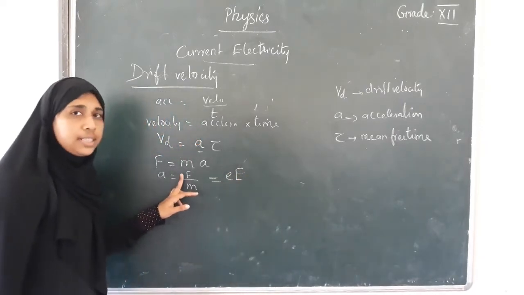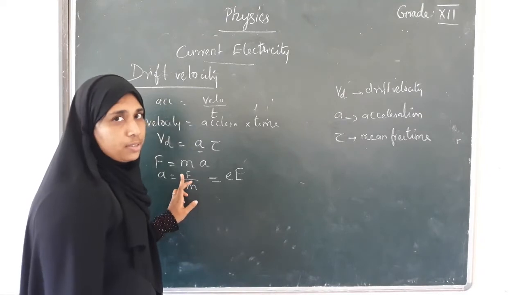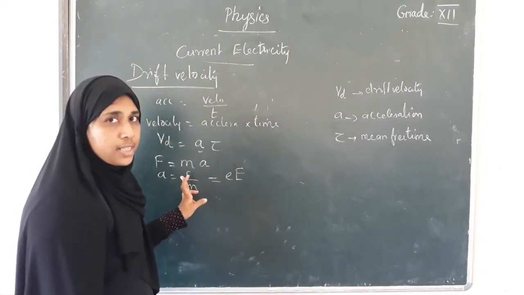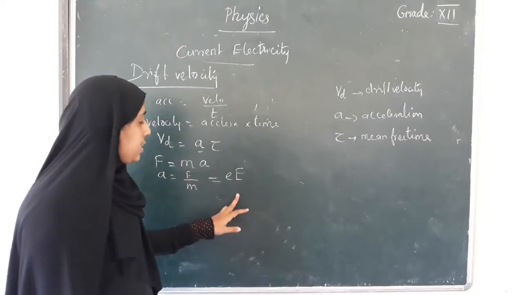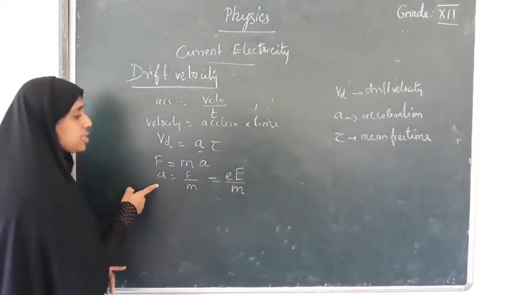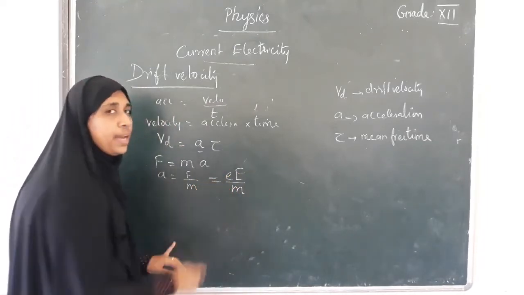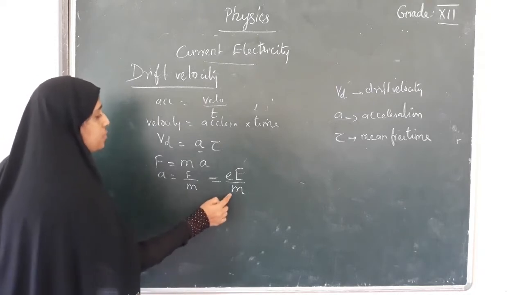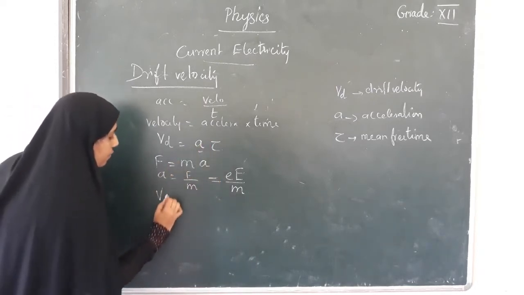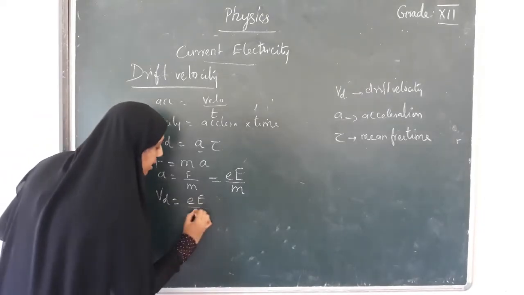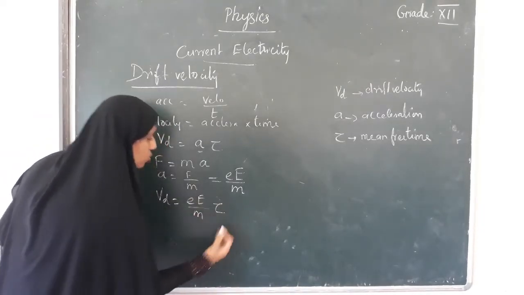This you have learned in the first chapter. The electric field and electric force relation is F is equal to eE, so a is equal to eE divided by m. Okay? And substitute in this equation, Vd is equal to eE by m into tau.